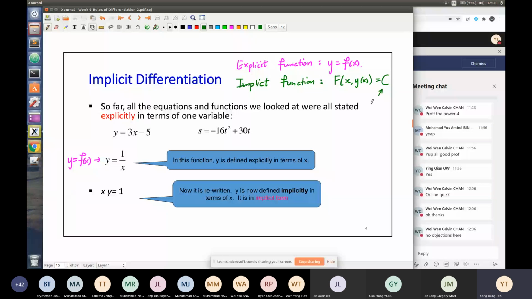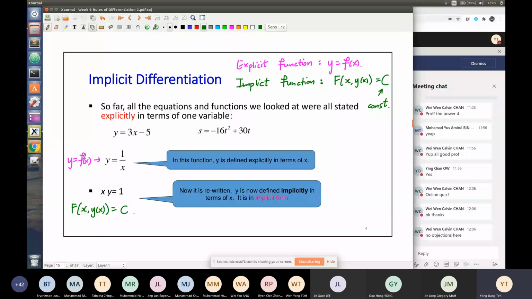So you can expect that if I were to rearrange this equation, we can actually write it in the form of x times y equals 1. If you look at this expression, it is in the form of big F of x, y. However, this y is actually the implicit function of x. You see that?